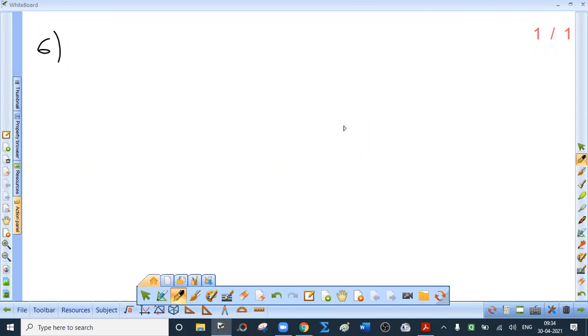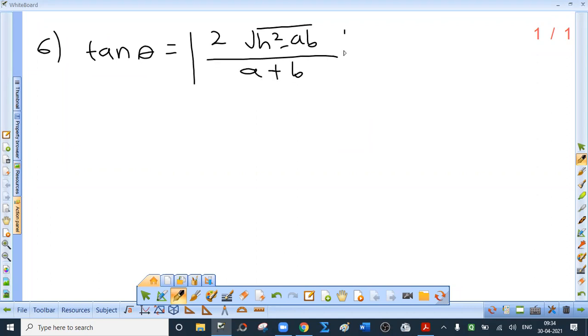Right now, the acute angle theta between the lines ax square plus twice hxy plus by square equal to 0 is given by tan theta equal to, now you should be able to write this on your own. Tan theta is mod of 2 root h square minus ab upon a plus b, number 1.